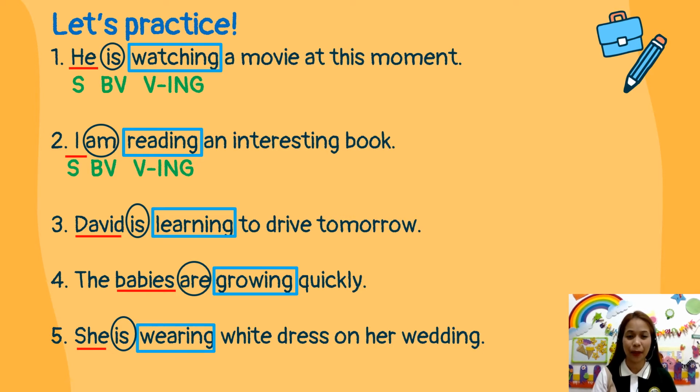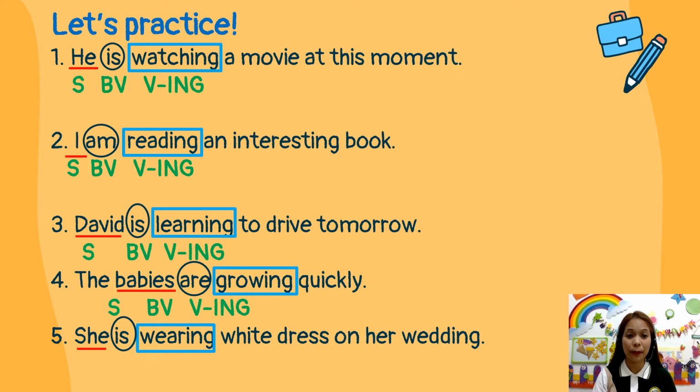Okay? Number 3, David is learning to drive tomorrow. David is he, so your be verb is is, which is singular. Learning is your verb ing. We use the form subject, be verb, verb ing. Number 4, the babies are growing quickly. What is your subject? Your subject is the babies.